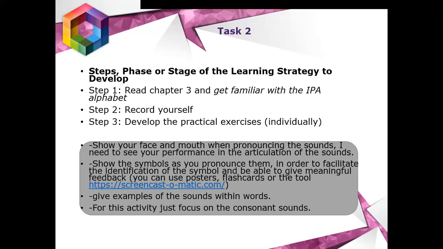And for this task, I asked you to focus on consonant sounds, okay? Then you had to record yourself pronouncing the consonant sounds, just the consonant sounds. Remember that the IPA alphabet has consonant sounds, vowels, and diphthongs. So for this task, just consonant sounds.